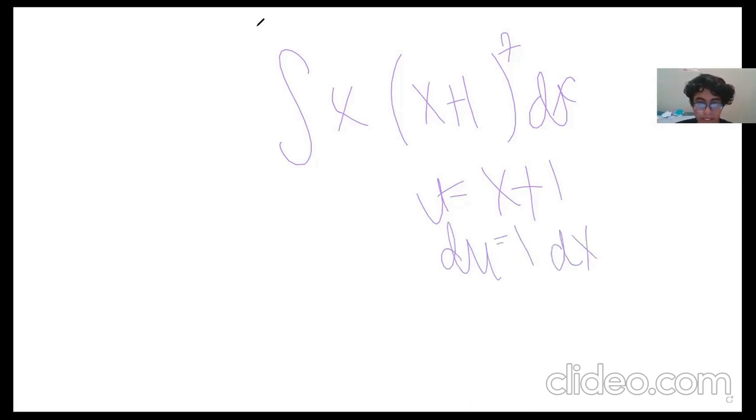Okay, so u sub, but then you have an x left over, right? But having x's left over is okay, but not having enough x's for your u and your du, that's not okay. My point is, if you don't have enough x's to change your differential, then you can't introduce any variables, and that's the problem.